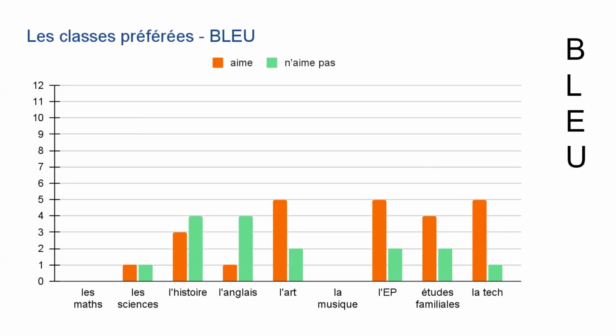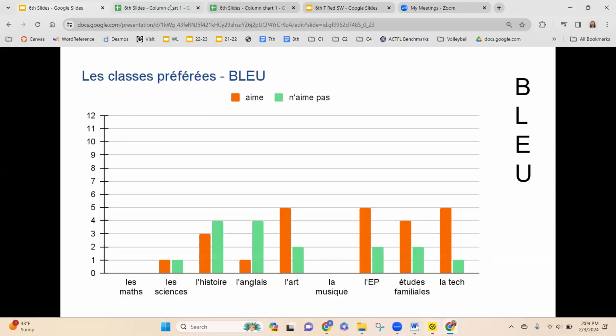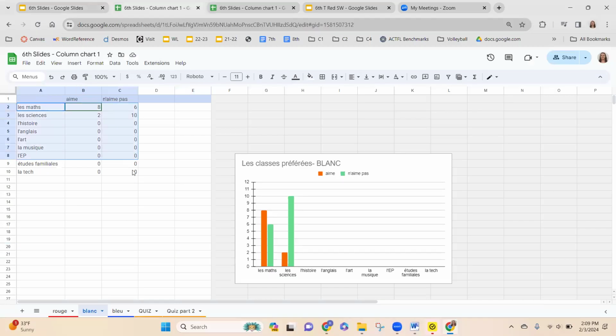Now, you can go a little more low tech, and you could just draw this chart on the board if you wanted to, or just write the numbers. Math, 10 like, 20 dislike. You could recreate this aspect of the spreadsheet just on the board, just by writing.